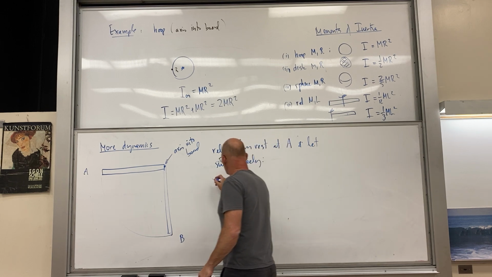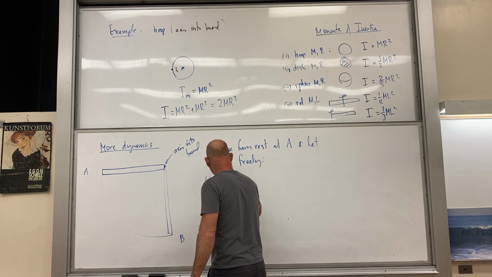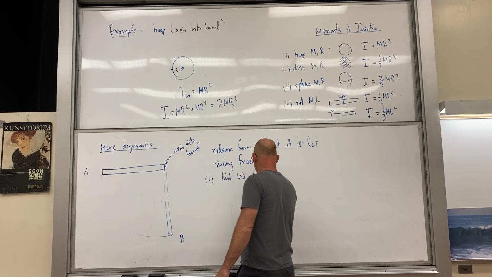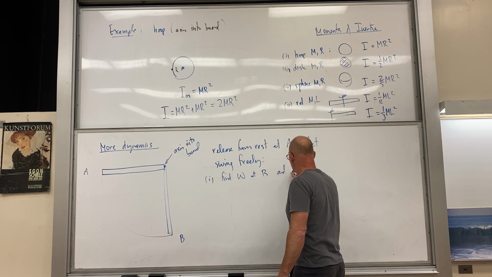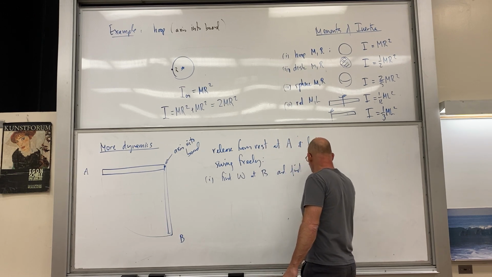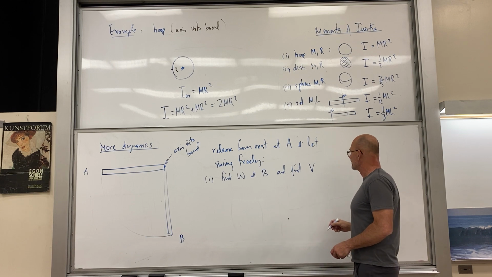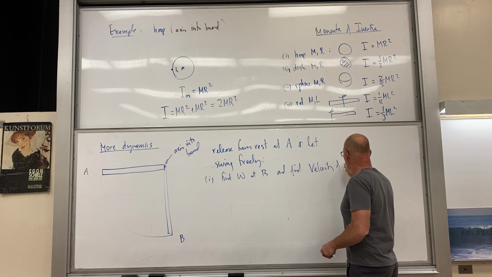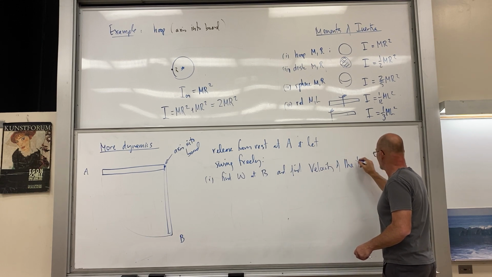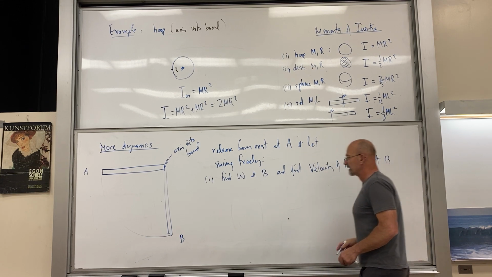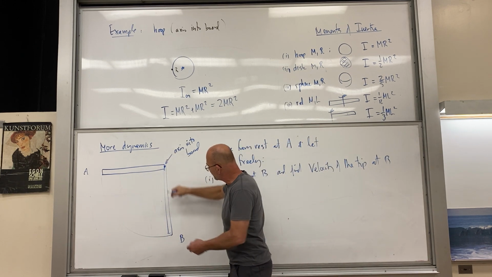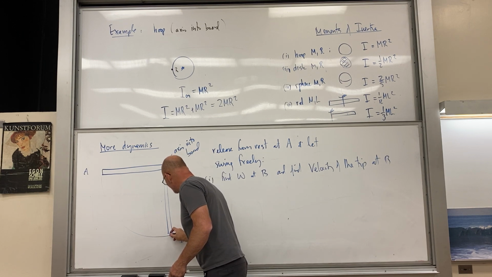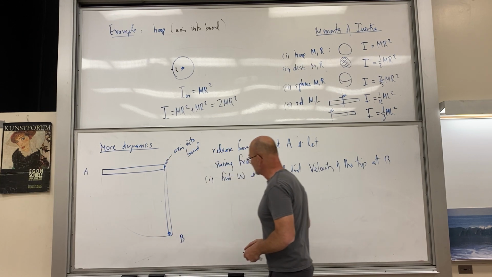And then we want to find omega at B and find V, find the velocity of the tip at B, right? Because this thing's swinging through, the further it is from the axis, of course, the faster it's moving. So we want to know the velocity of the very bottom here at B.